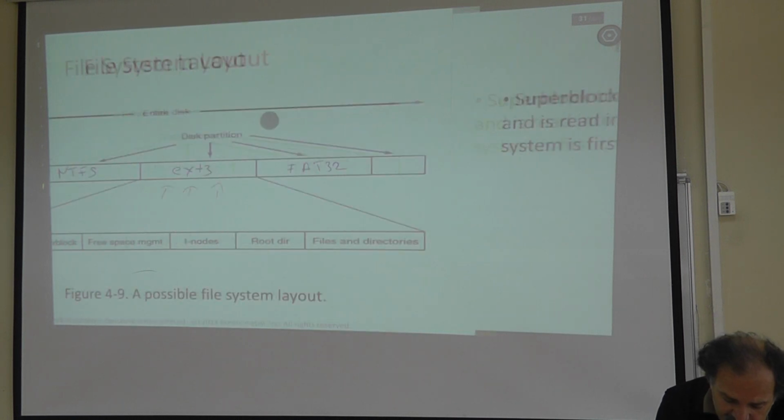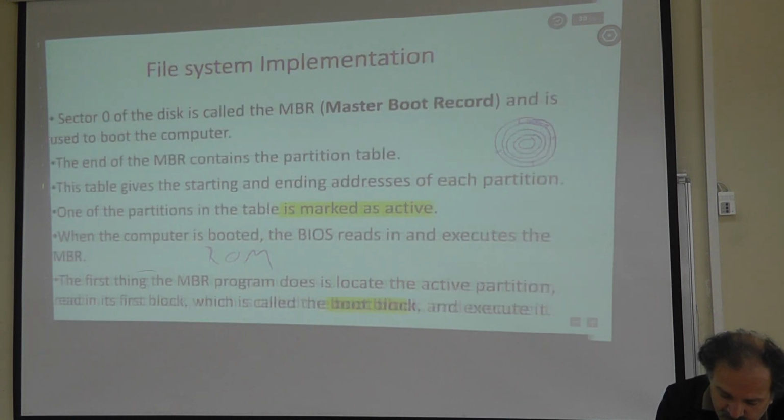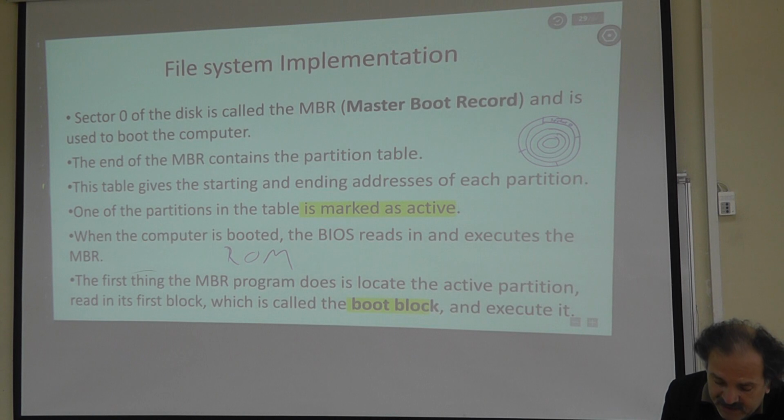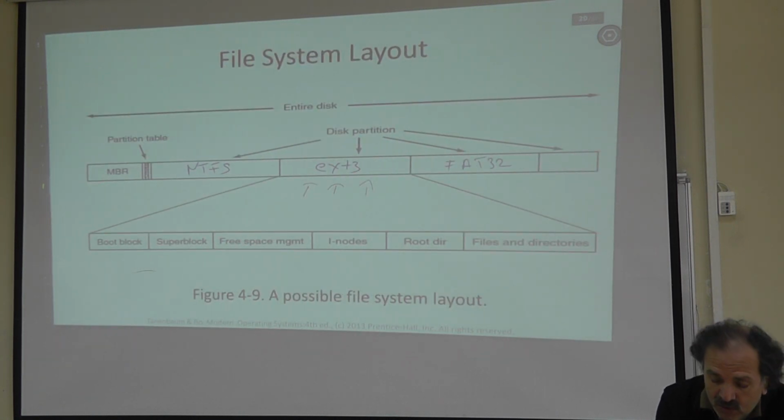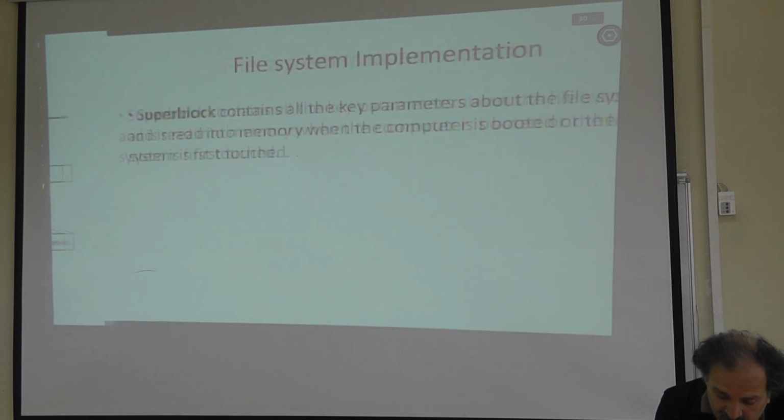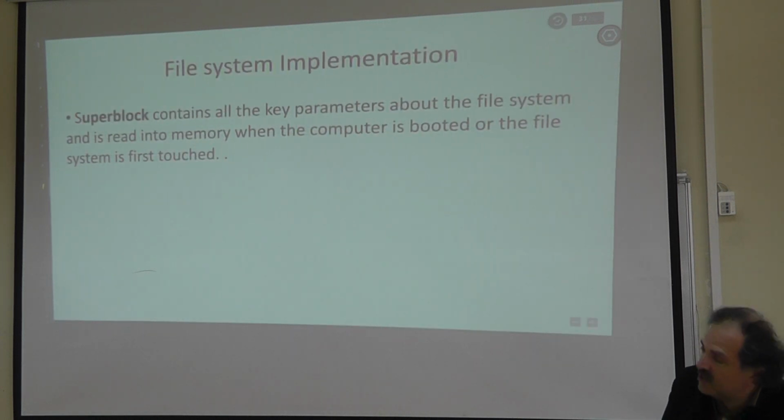The super block comes after the boot block. Remember, this boot block is part of the operating system. That's the whole operating system. It initializes all of your processes and everything. The super block contains all the key parameters about the file system.